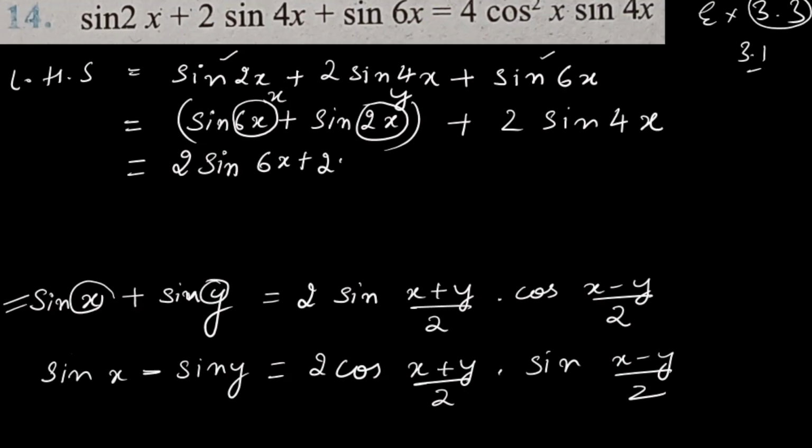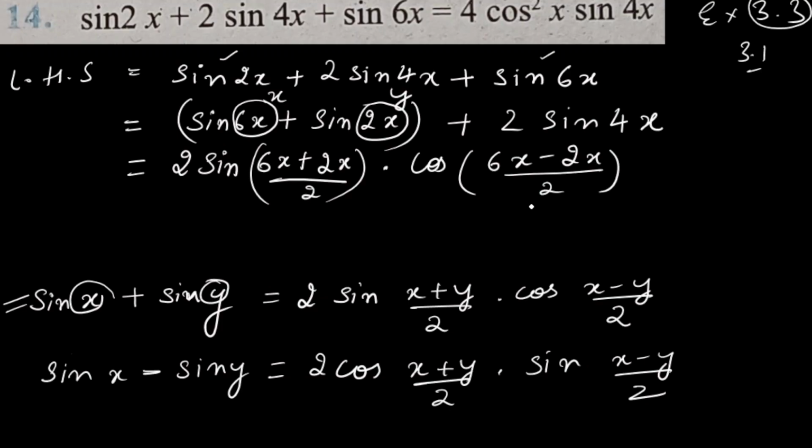So 2 sine of 6x plus 2x by 2 into cos of x minus y by 2, so this will be 6x minus 2x by 2. So the first expression I have used. Now plus 2 sine 4x as it is I am going to write.